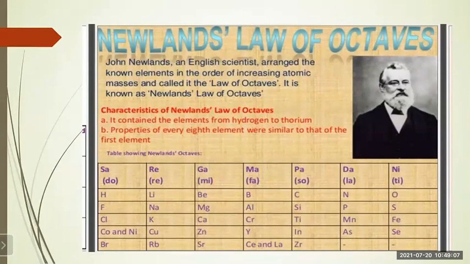So it is known as Newland's law of octaves. Pay attention, this is very important. Here also he has considered atomic mass as the fundamental property, and he arranged the elements in the order of increasing atomic mass.